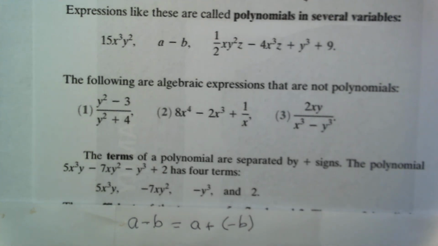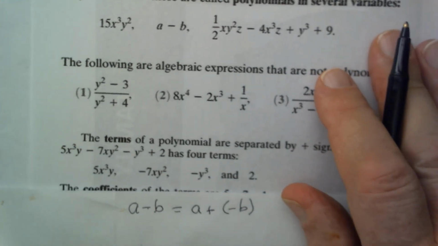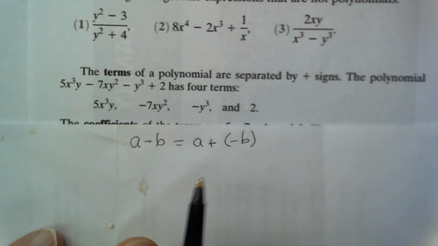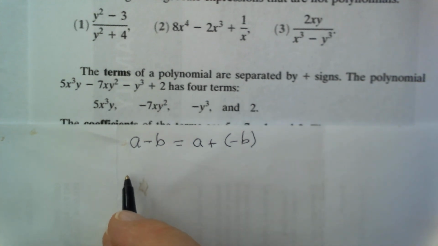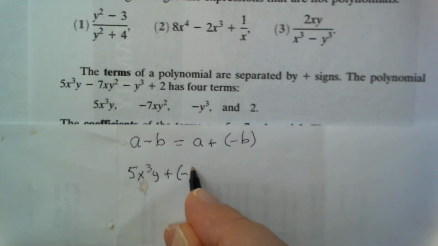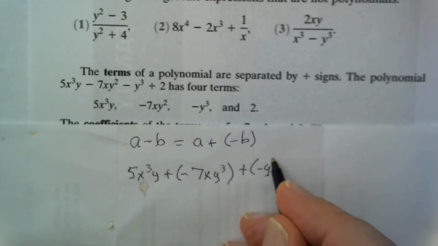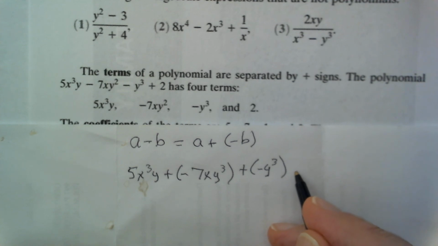So in other words, we could rewrite the polynomial that is separated by the minus signs, for example, as 5x to the third y, plus minus 7xy squared, plus minus y to the third, plus 2.